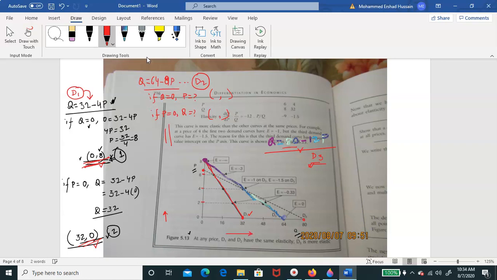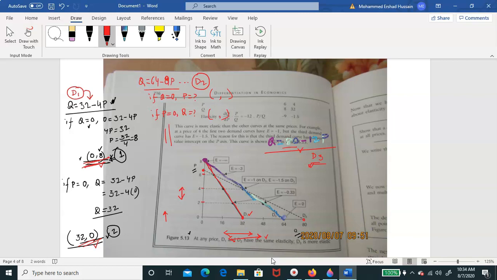For D3, this change will be bigger for the same change in price compared to D1 and D2. This change in quantity is in the numerator of the elasticity formula, so elasticity will be higher.